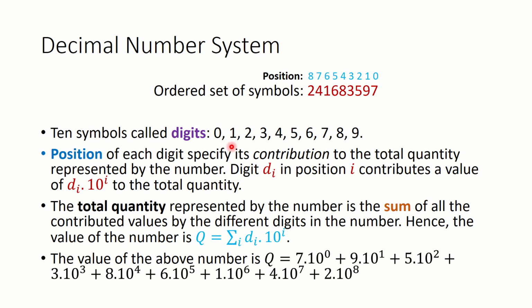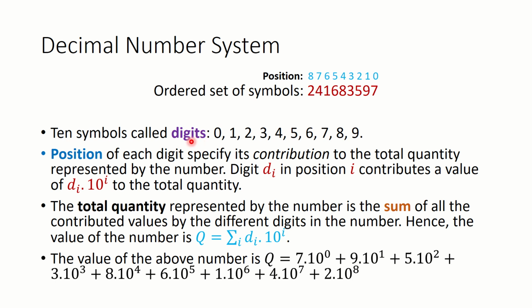This symbol means 0, this means 1, 2, 3, 4, 5, 6, 7, 8, 9, this we know. There is no symbol for 10, 11, 12, 13. Only these 10 symbols are available to us, and these are called the digits.